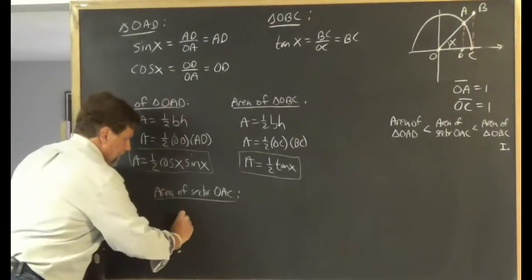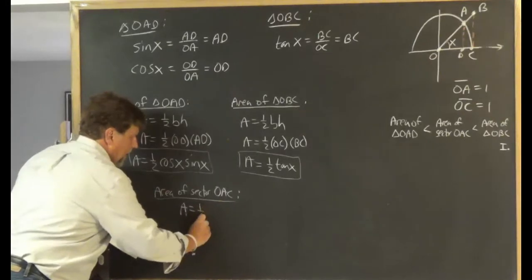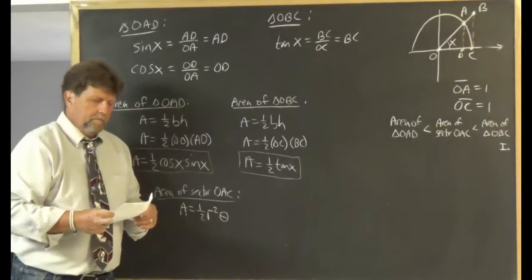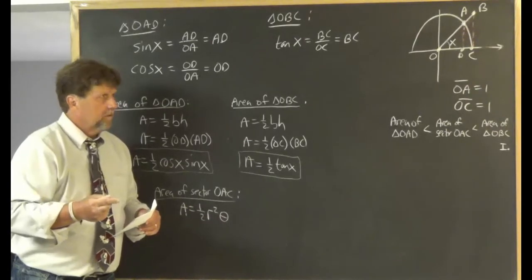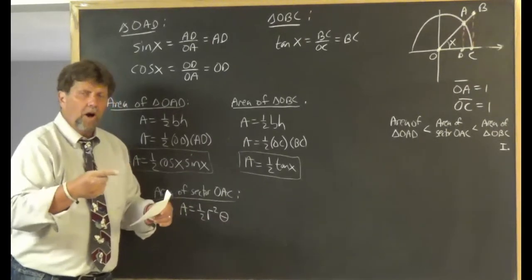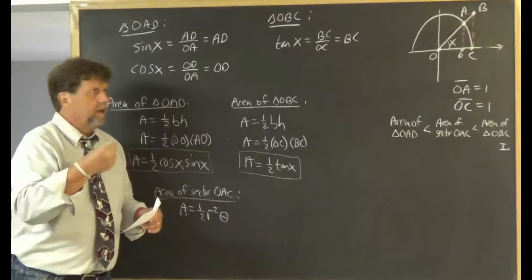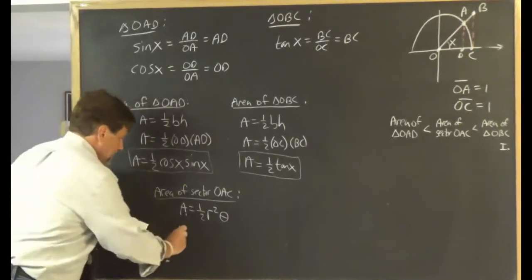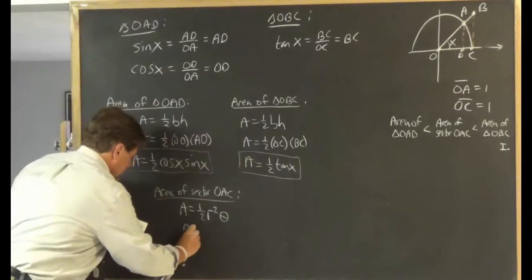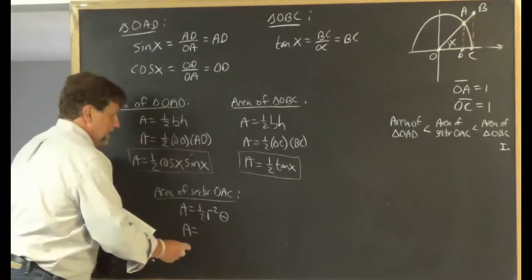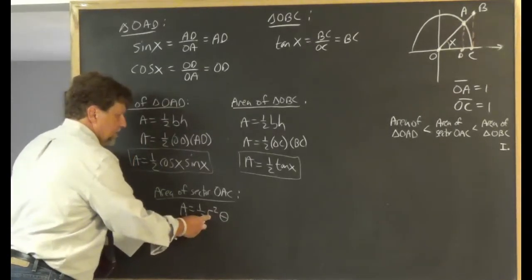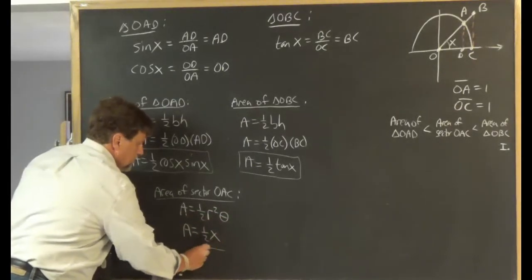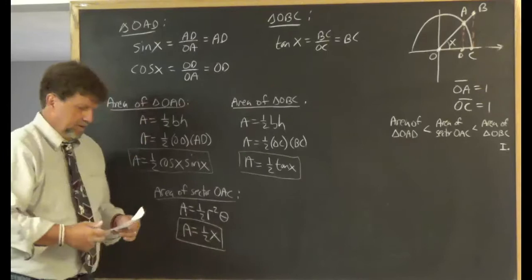It was 1/2 r squared theta. What's r? We're on the unit circle, so r would be 1. And theta is the angle, which is just x. So we get the area of sector OAC to be 1/2 times 1 squared times x. So it's 1/2 x.